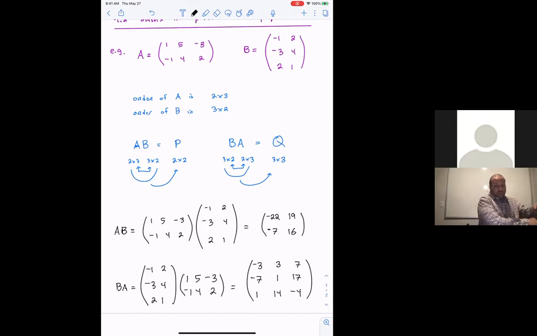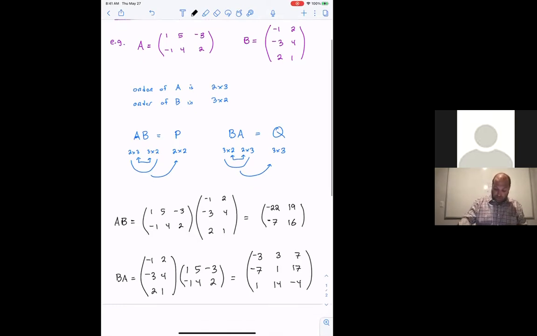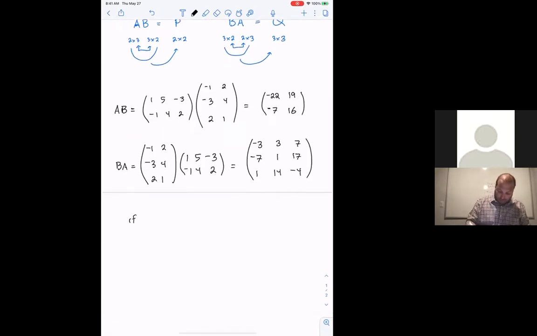And just be aware, sometimes in one direction matrix multiplication is defined and in the other direction you can't even do it because the numbers don't match up properly. An example would be if A was, let's say, 3 by 2 and B was 2 by 4.